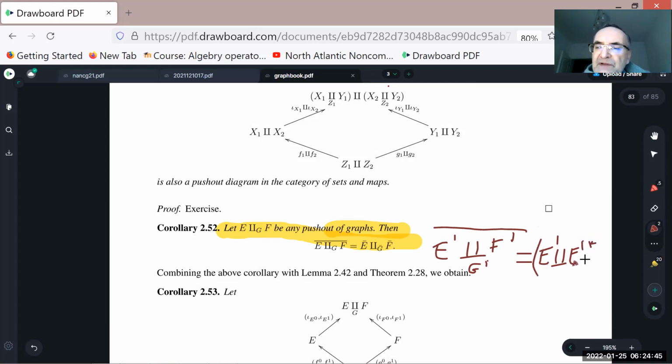Okay, so that's one piece. Now I take the push-out of G1 bar, but G1 bar is nothing but G1 disjoint union G1 star. And here I have F1 disjoint union F1 star.